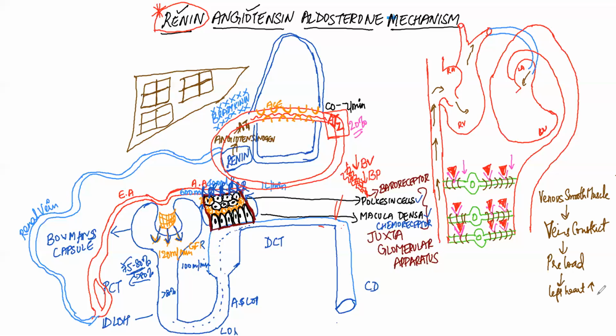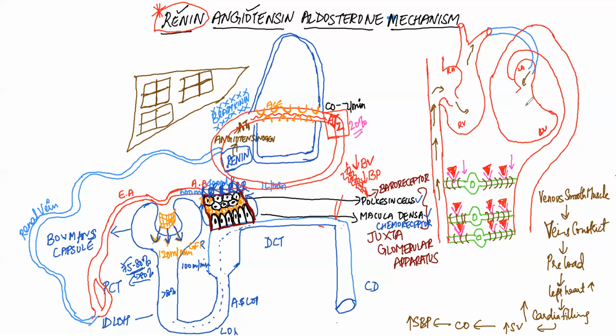When the blood flow to the left heart increases, what happens to the cardiac filling? There will be more cardiac filling. And from your normal physiology, you know that according to Frank-Starling's law, when there is more cardiac filling, there is extension of the left ventricle, and when the left ventricle extends, it will contract more forcefully. This causes an increase in the stroke volume, which causes an increase in the cardiac output, and that results in an increase in the systolic blood pressure.